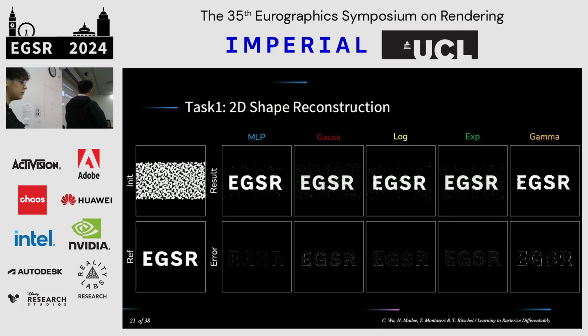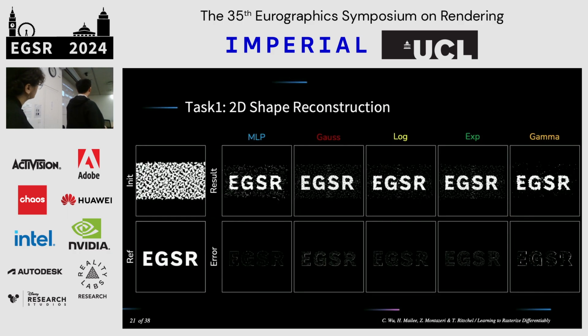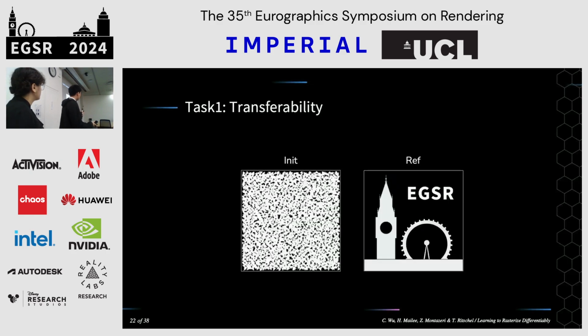And in the second row, we show the image error, which is the difference between reference and optimized result. We can see using MLP can get the least image error. An advantage of MLP is the transferability.